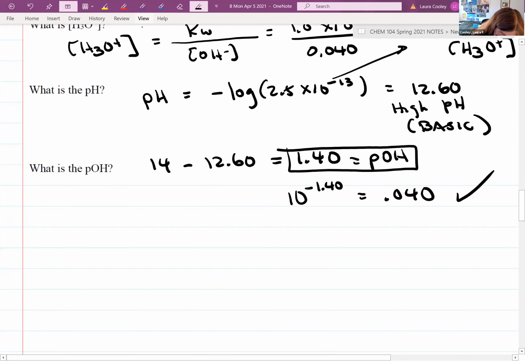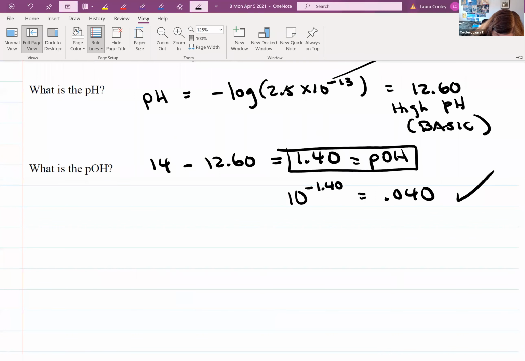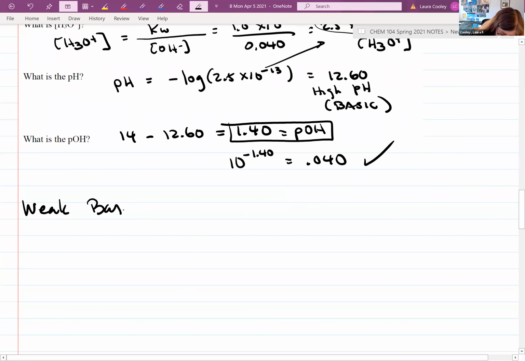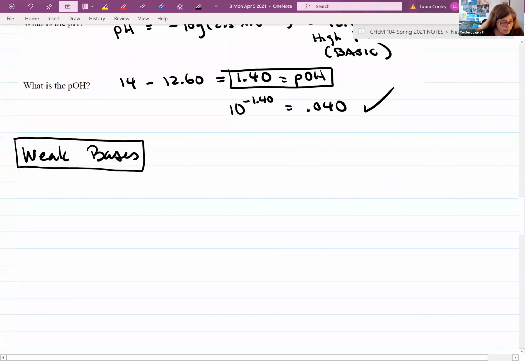Weak bases are really another story. Weak bases are really a little more complicated. So I mentioned ammonia. So is this the only one?